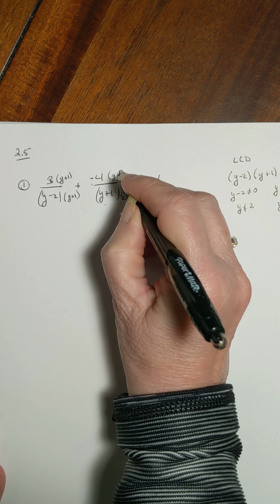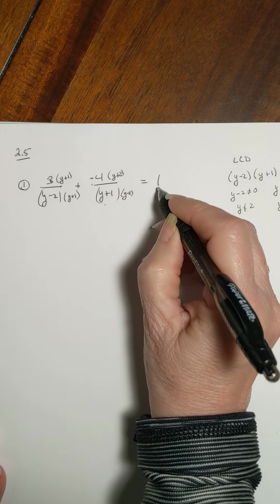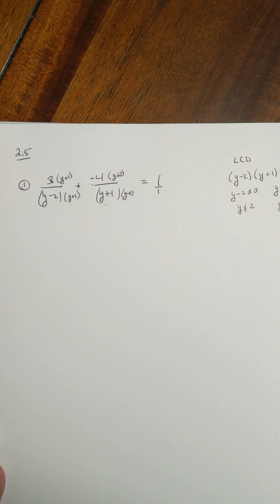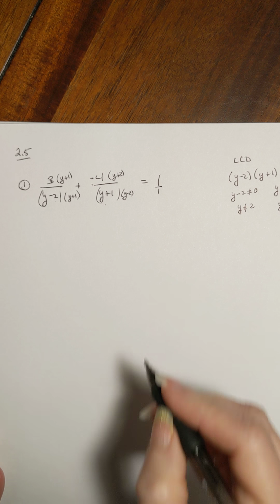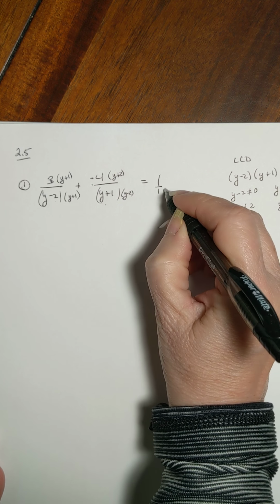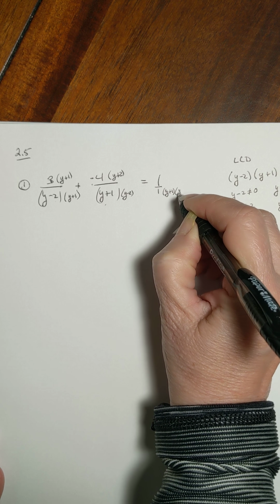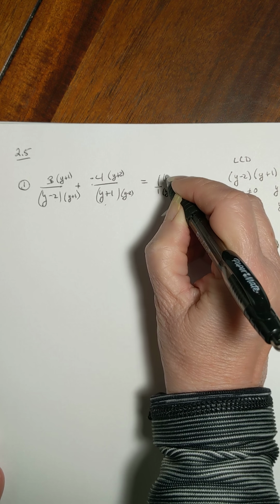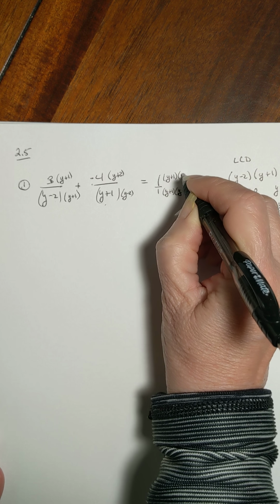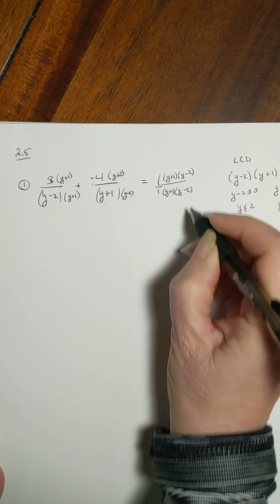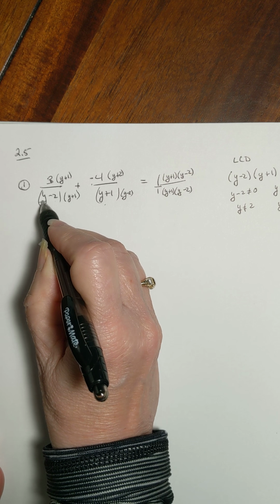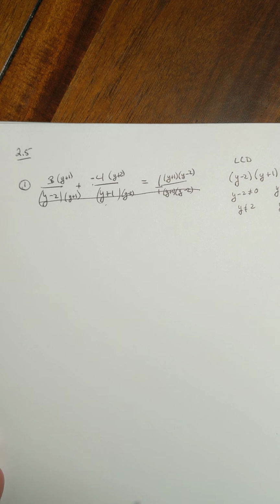So multiply numerator and denominator by y minus 2. Now this one, the denominator is understood to be 1, so it needs everything. So I'm going to multiply it by y plus 1 times y minus 2. And so now all the denominators are the same, so I can discard them.